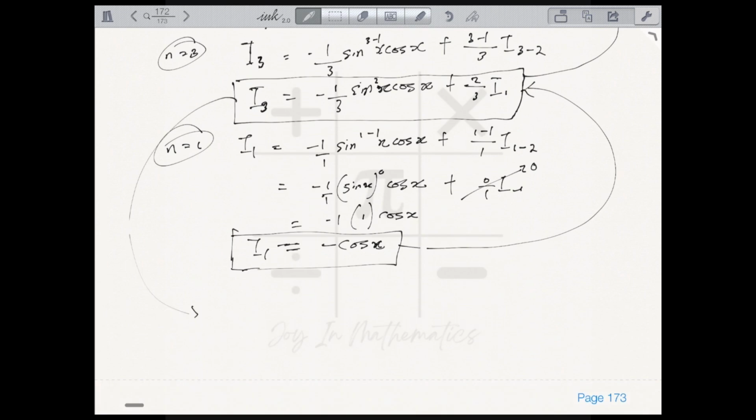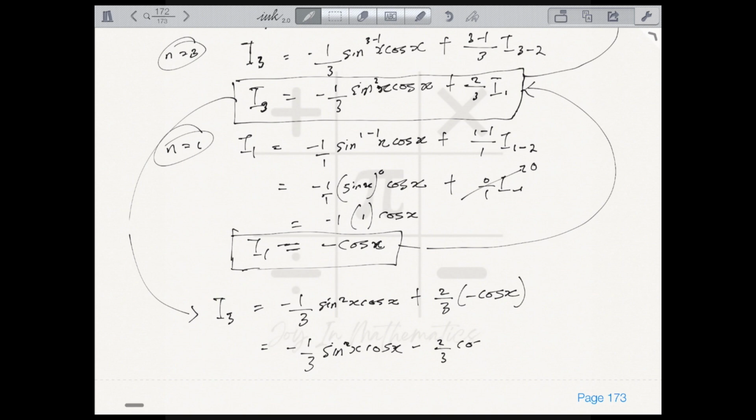So now let's evaluate I3 after we have substituted I1 to be minus cos x. So I3 will give us minus 1 over 3 sine square x cos x plus 2 over 3 I1. And we know that our I1 is the same thing as minus cos x. So our I3 is equal to minus 1 over 3 sine square x cos x minus 2 over 3 cos x.